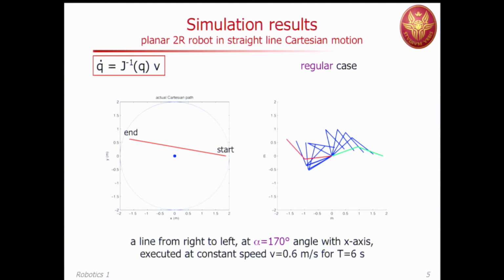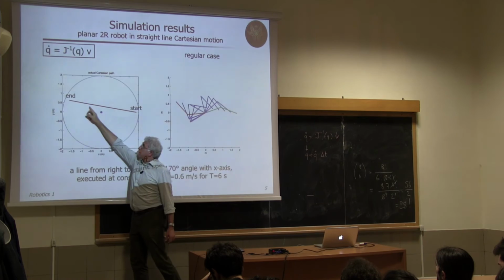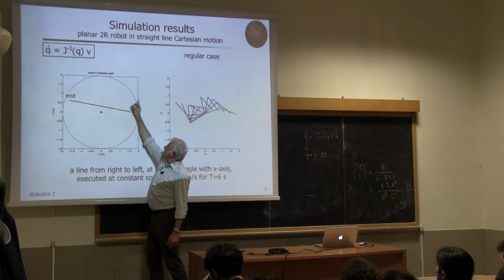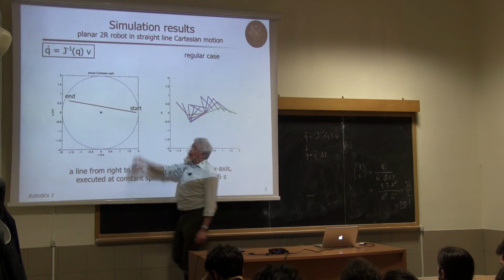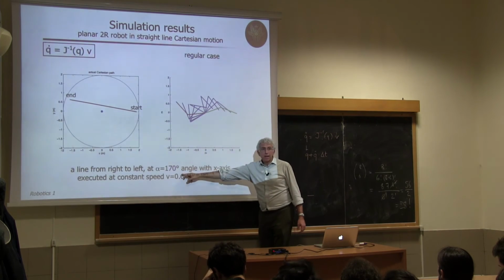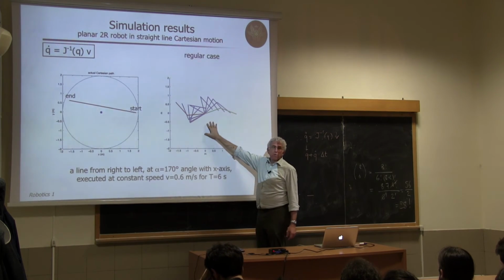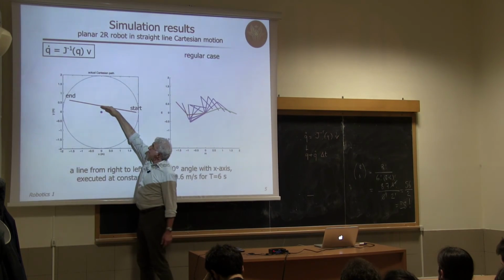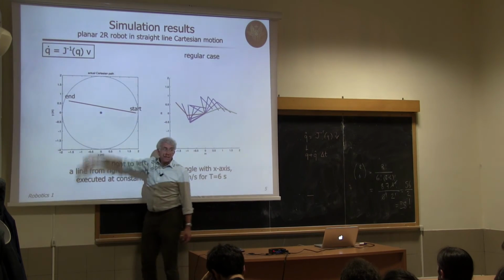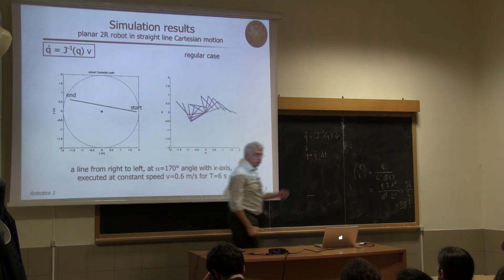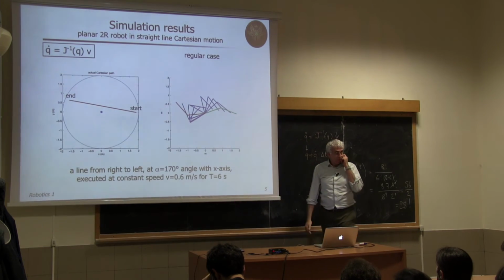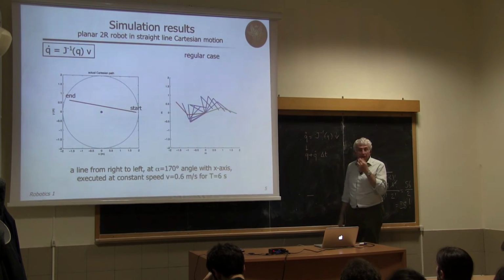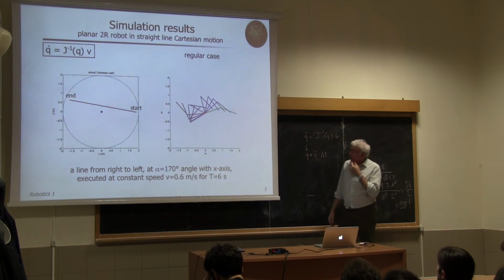For instance, this straight line is at 170 degrees from the x0 axis. Okay? So I show the motion, and then I bring this toward 180, progressively getting closer and closer to the singularity to see what happens. Okay? So this is the task that follows in the following slide.